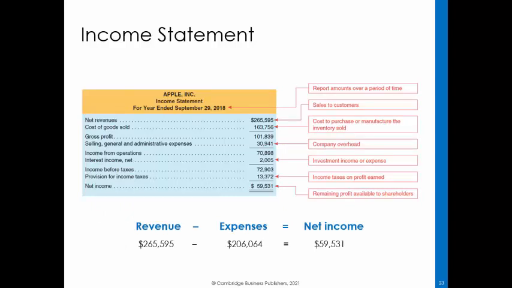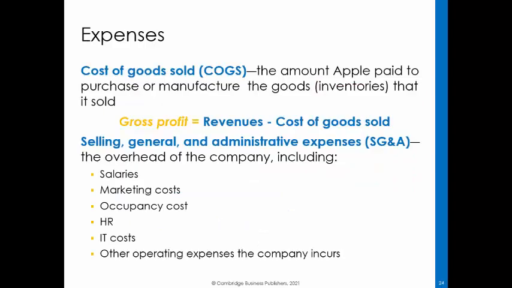It reports two basic kinds of operating expenses: cost of goods sold and selling, general, and administrative expenses. Apple's income statement shows its revenues, cost of goods sold, and operating expenses. After interest income and income taxes, the company reports net income. Net income reflects the profit or earnings to the company's shareholders for the period.